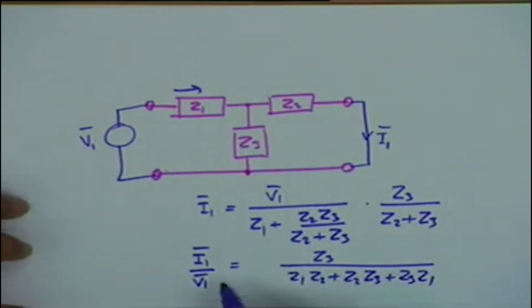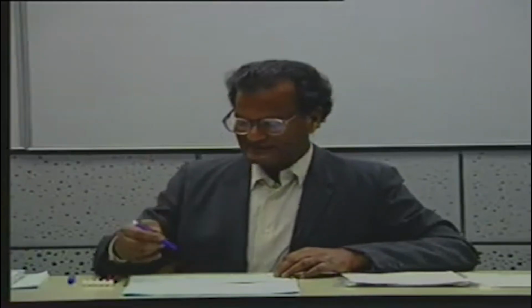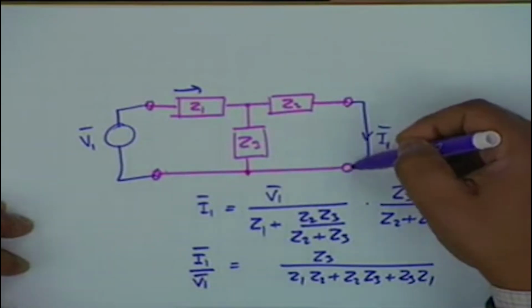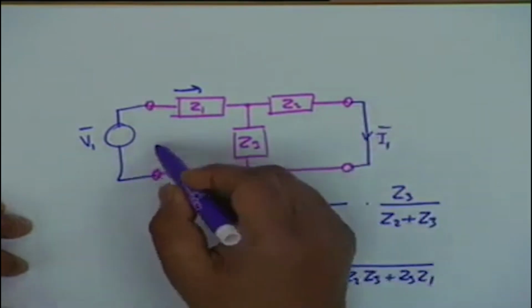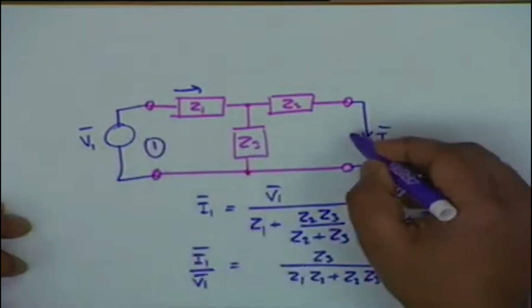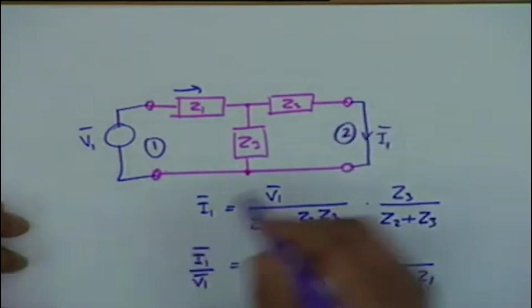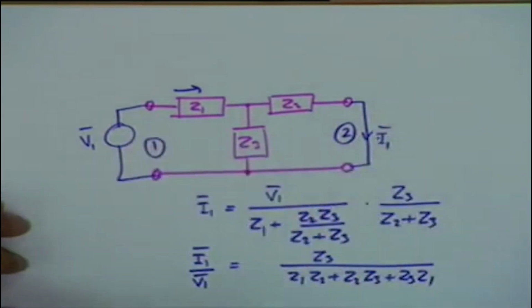Okay. Now let me give a name to this quantity. You see the current is obtained here at a port which is different from the exciting port. The excitation is at port 1 and the response is obtained at port 2. The ratio of the response to the excitation is now an admittance. Isn't that right?